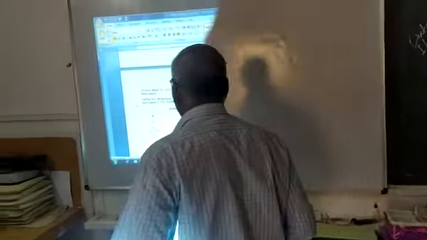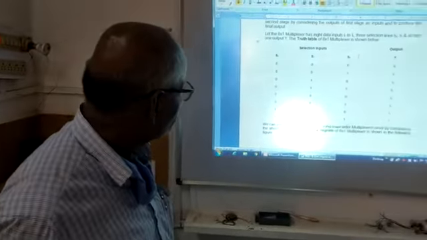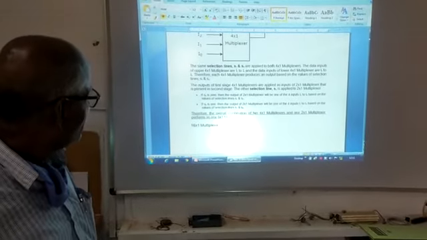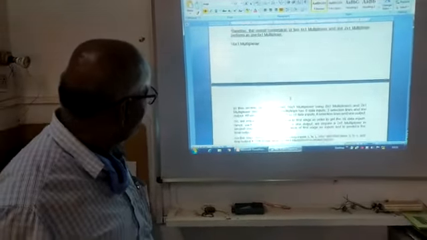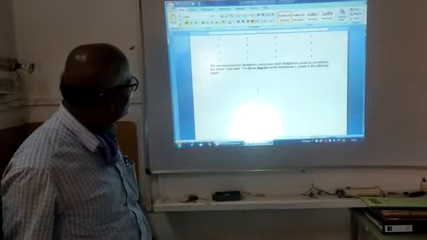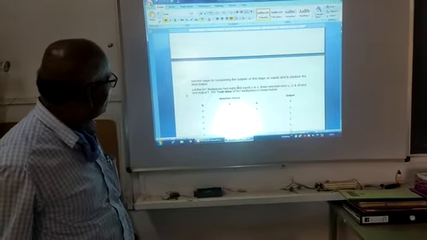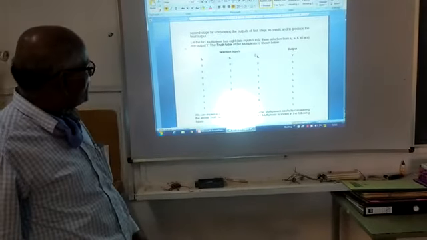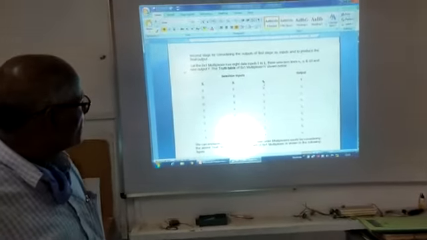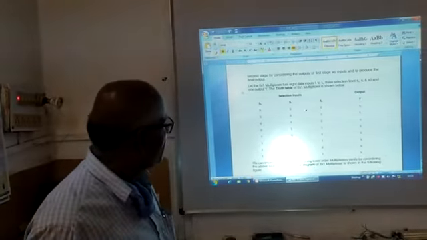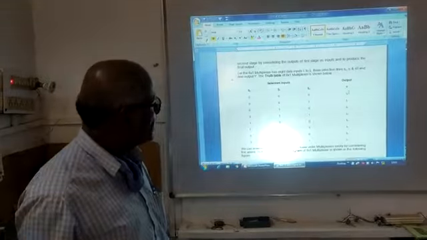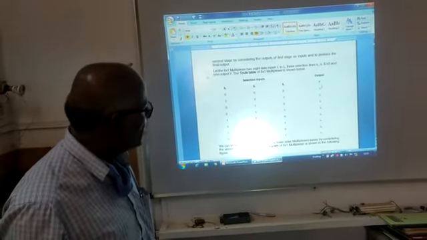It is mentioned in this circuit diagram. The truth table is also given here. The select inputs are S0, S1 and S2. When all inputs are 0, at that instant D0 is on the line.